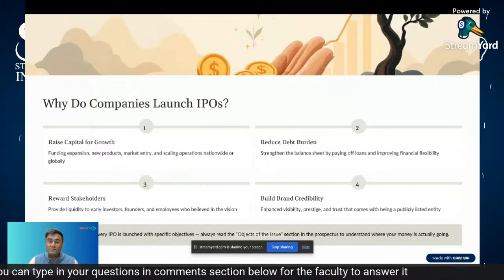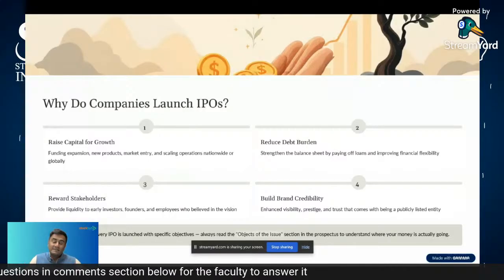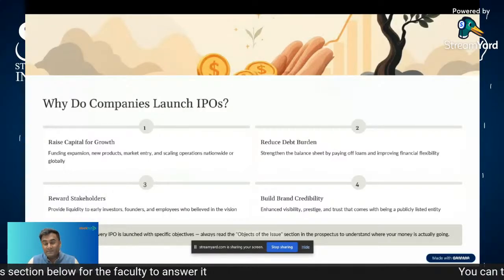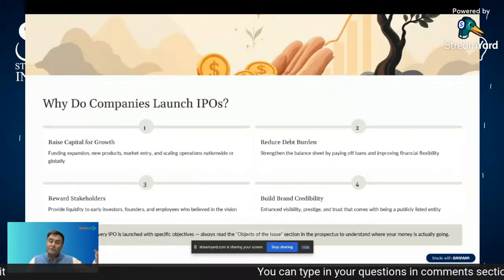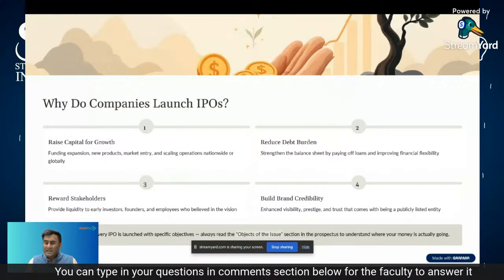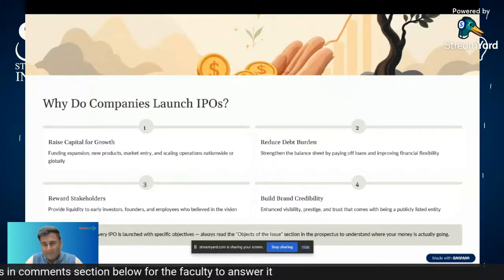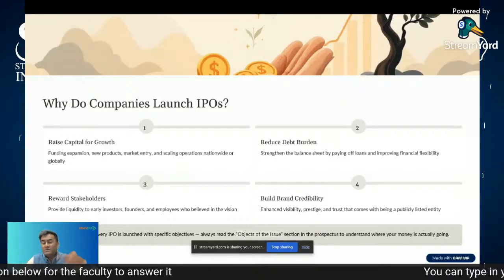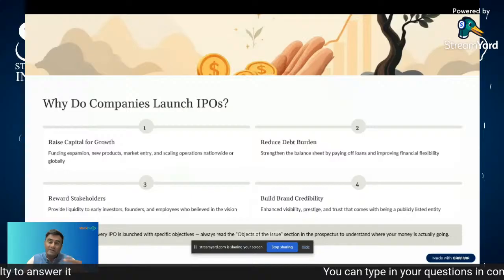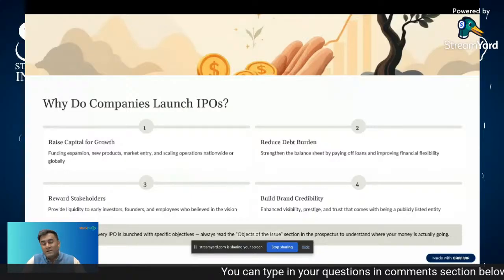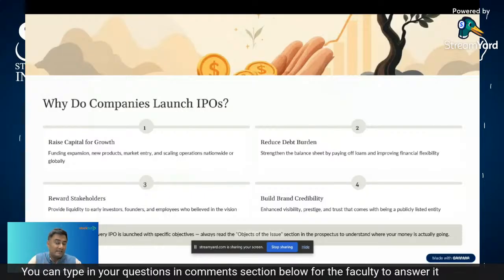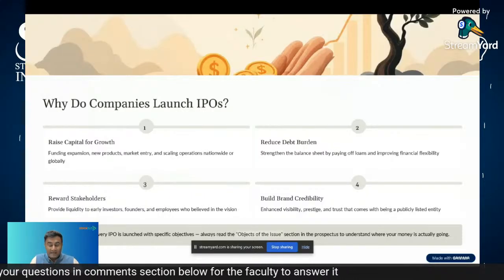Is it because of some wrong decisions made by the management in the past? Or is it in its growth phase, where a company initially ends up borrowing a lot of money? As companies mature, they tend to pay off their debts, and many of them actually end up becoming debt free. So we have to understand what stage that company is in.